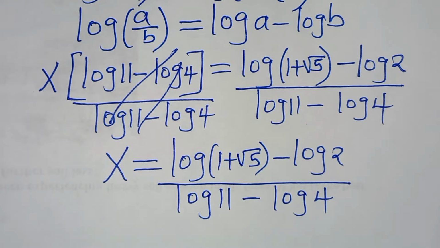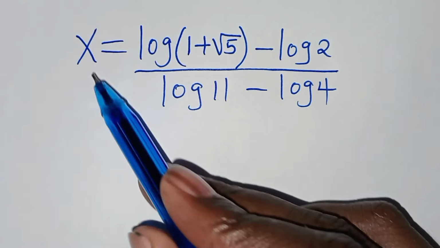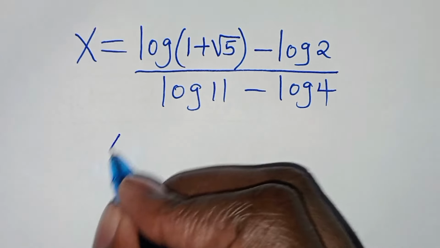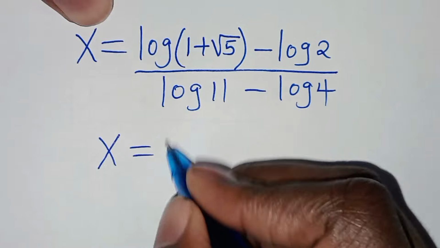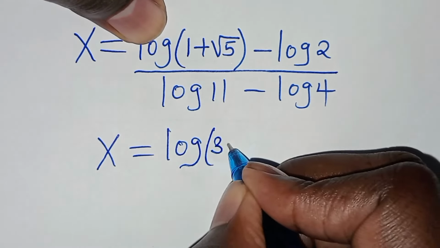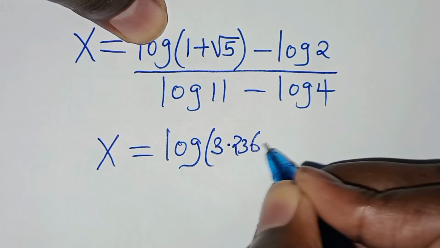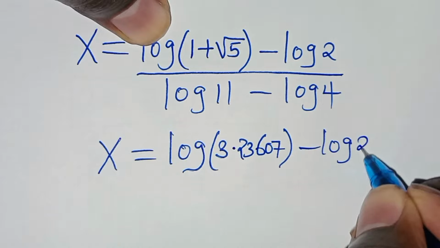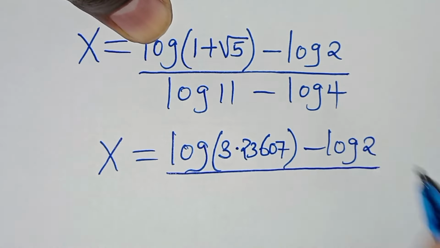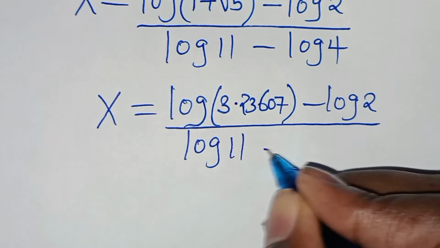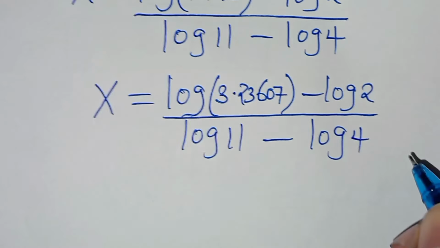Now we have x is equal to log of 1 plus square root of 5. This is the same thing as log 3.23607, subtract log 2, divided by log 11 minus log 4.